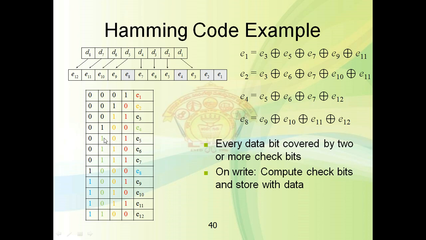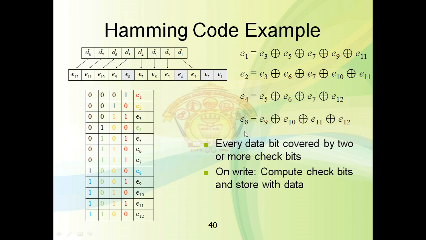So for E4, E5, E6, E7 and E12. We have to XOR these bits so that you will get E4. E4 is equal to E5 XOR E6 XOR E7 XOR E12.